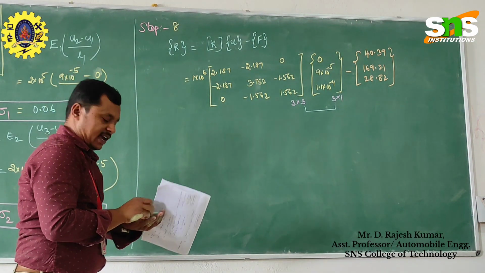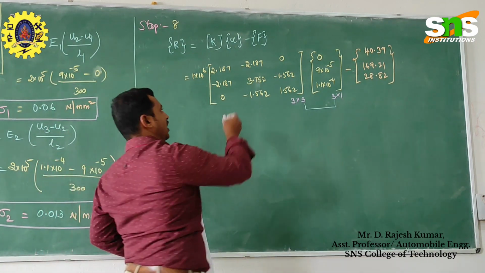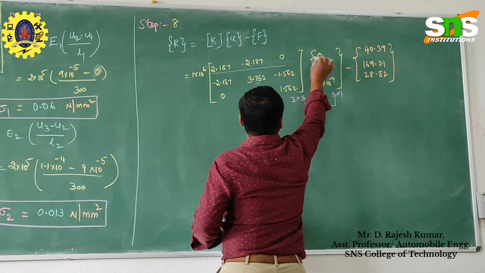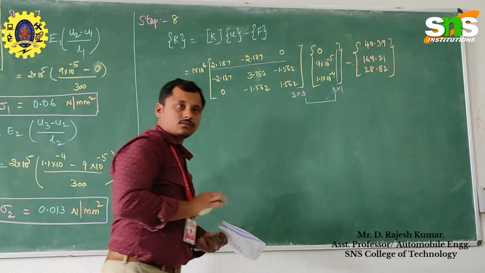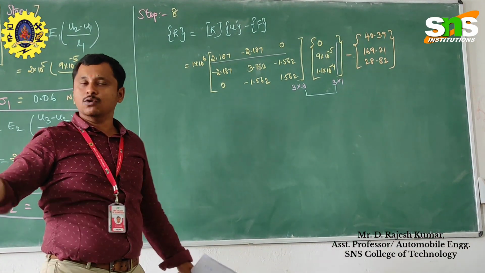How will you multiply? Remember the rule: row into column. So I am multiplying here. Please calculate and tell me the values.